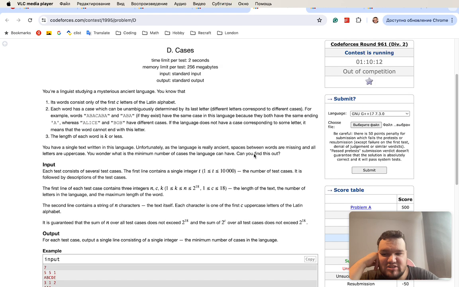Okay, problem D. You are a linguist studying a mysterious ancient language. Okay, so we're using only the first C letters, and C is up to 18, interesting. What's a case?